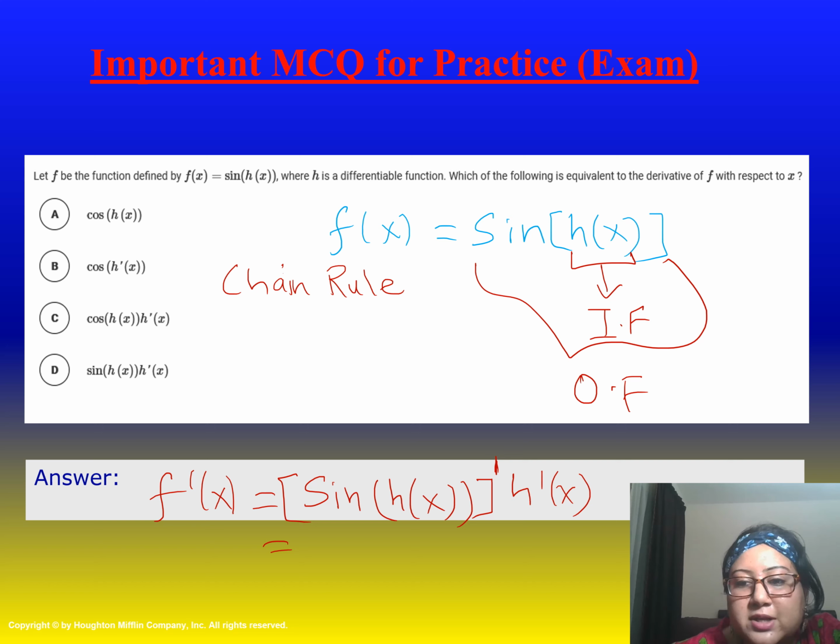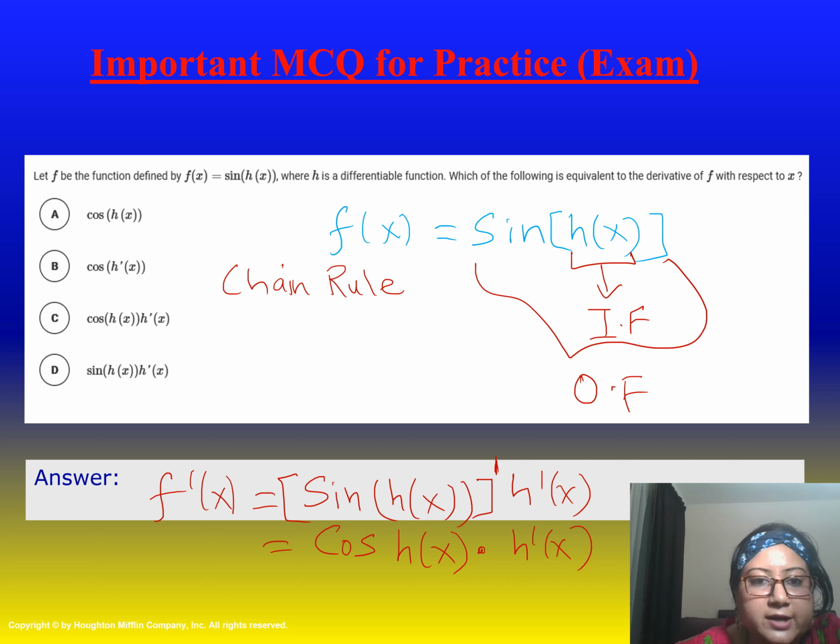So the derivative of sine is cos. So cos of h(x) multiplied with the derivative of the inside function, so h prime of x. So which is your correct answer? A, B, C or D? I'm sure you all will agree with C here. C is the correct answer for this important question.